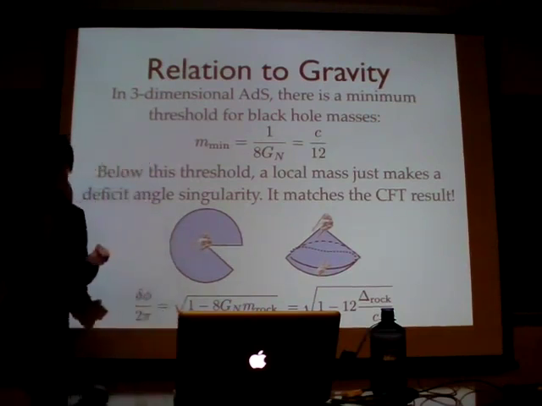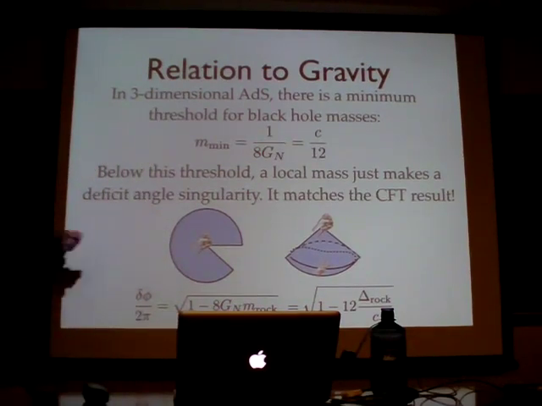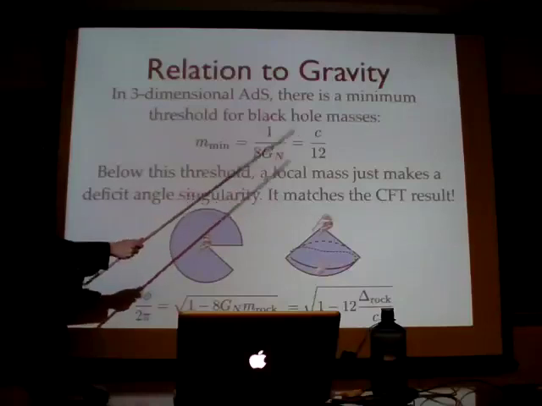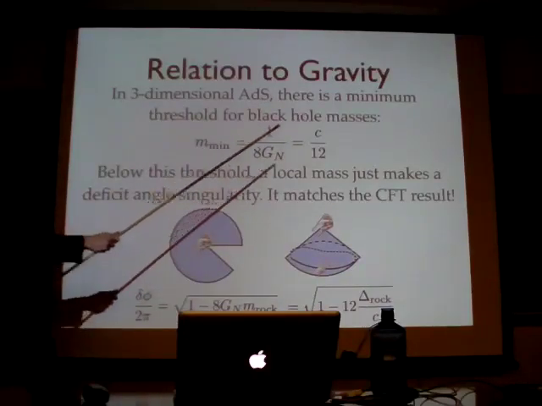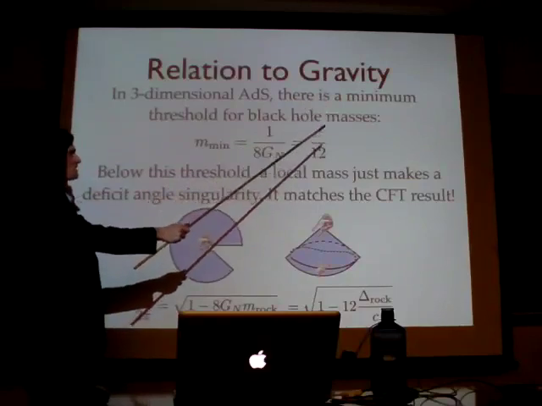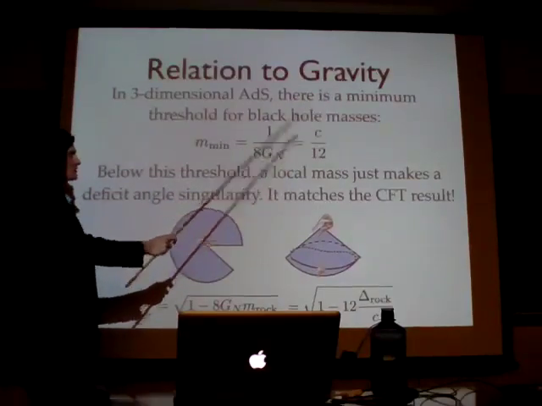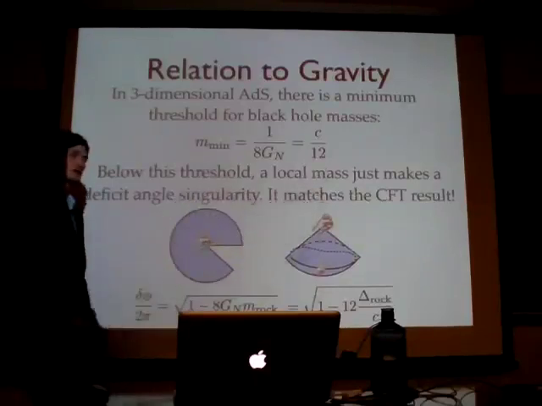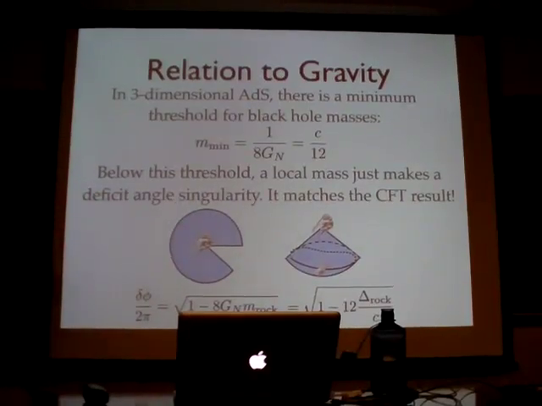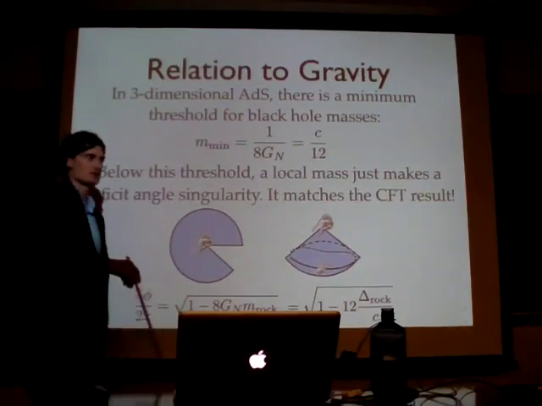Unlike in higher dimensions, in 3 dimensions you can't have any black holes below 1 over Newton's constant, which in terms of CFT quantities means the dimension has to be greater than c over 12. Below this threshold, a local point mass in general relativity just makes a singular deficit angle. This deficit angle exactly matches what we got on the CFT side without reference to gravity.